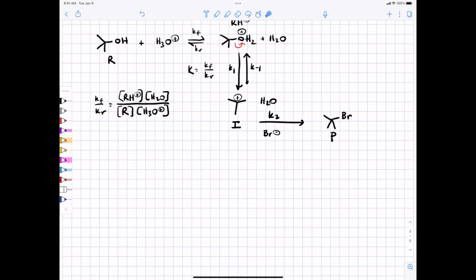So we can say that the concentration of RH plus is always equal to the forward rate over the reverse rate times the concentration of R times the concentration of H3O plus divided by the concentration of water.